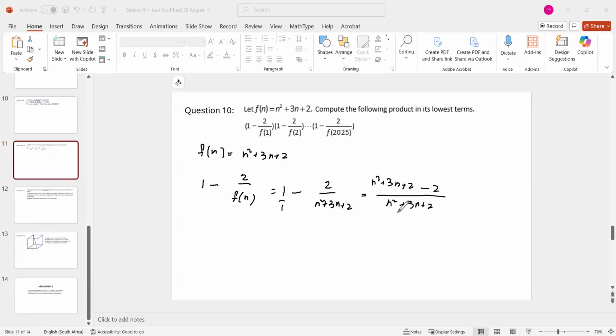So difference of two fractions, common denominator. The 2's cancel, and you have n squared plus 3n. You can factorize it. N squared plus 3n is n into n plus 3. And this one here also factorizes. It's n plus 1 times n plus 2. See? Yeah, I was hoping that it'll simplify.